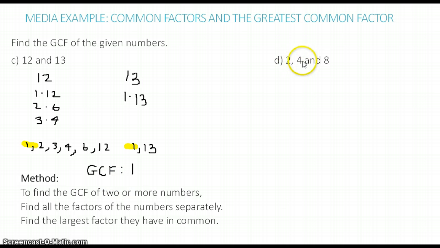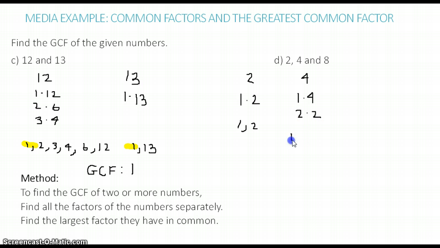For our last example, we have 3 numbers. So let's start with 2. 2 is 1 times 2, and that's it. 4 can be written as 1 times 4, or 2 times 2.